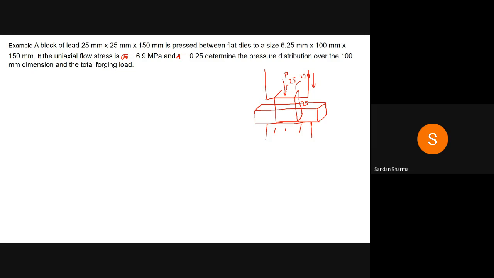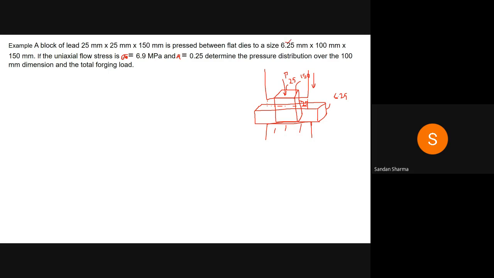Are you understanding this point? The ram moves down to this point, and the block is squeezed from 25 to 6.25. Is that clear?